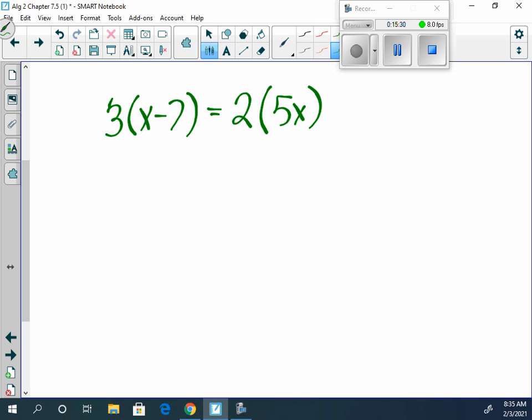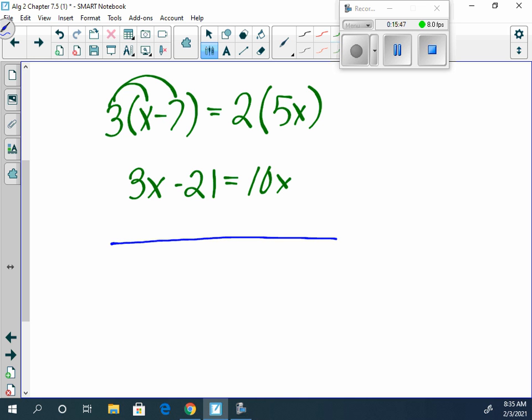Okay, now we need to distribute. 3 times x would be 3x, 3 times negative 7 would be negative 21. And 2 times 5x is, now what? All right, we can subtract 3x from both sides, which would get those to cancel, leaving us with negative 21.